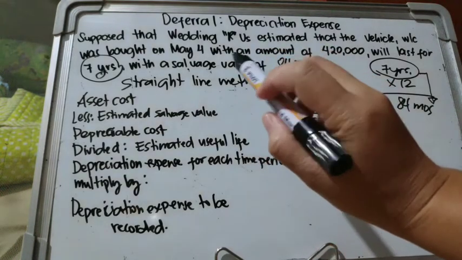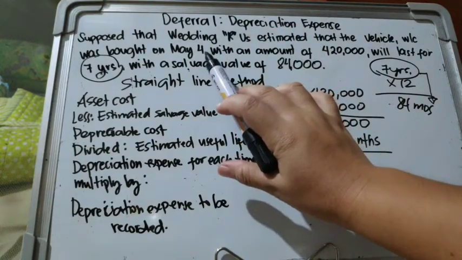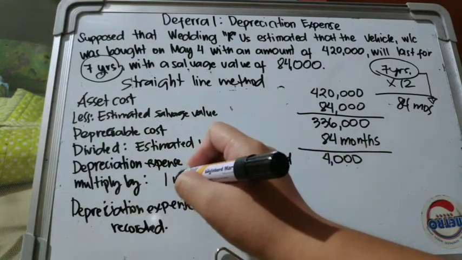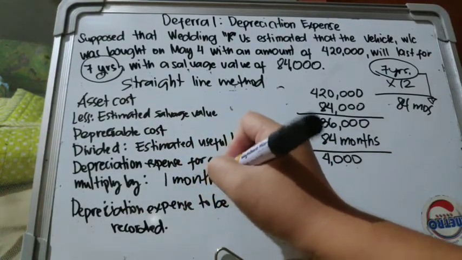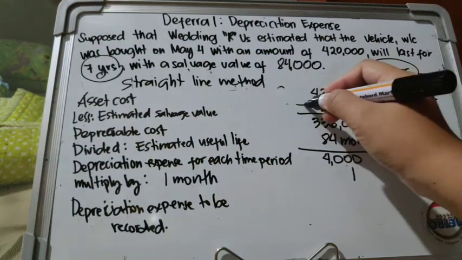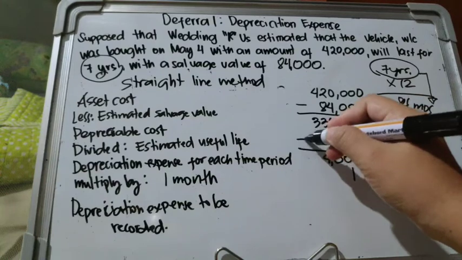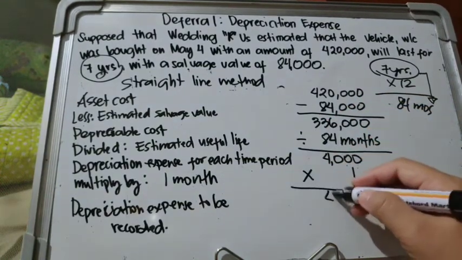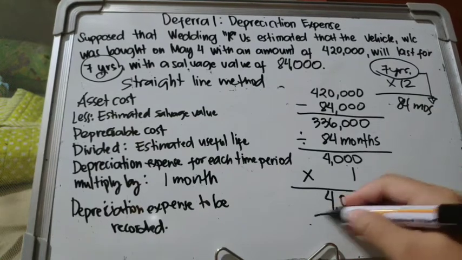So, for that, sinasabi dito na May 4 mo nabili at May 31 ang target ng adjusting entry mo, meaning you will multiply it to 1 month. So, less, and then divided, and then multiply to 1 month. So, 4,000.